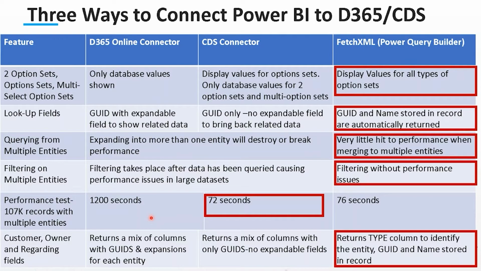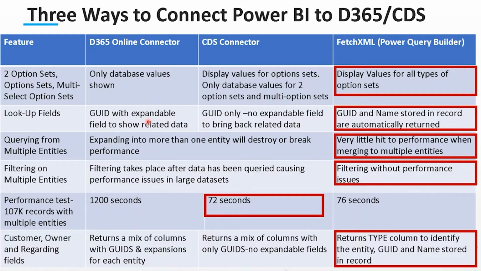And I don't know if there are other factors impacting this, but I can tell you for certain, at least one factor impacting this performance is that when you have lookups in your query, the D365 connector automatically brings back the GUID, that big, long, meaningless database ID, and it also brings back an expandable column.